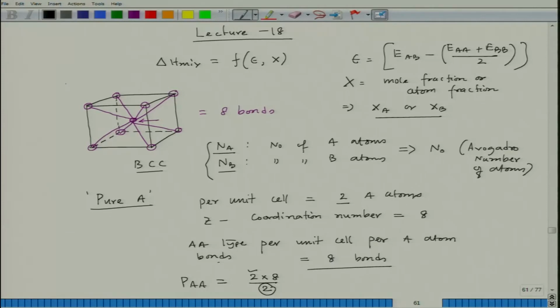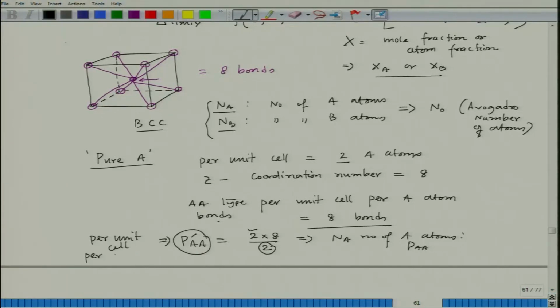So, if I consider Na number of A atoms, the total number of AA bonds, PAA, would be equal to Na Z by 2.